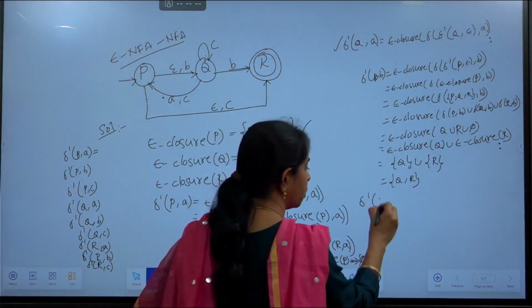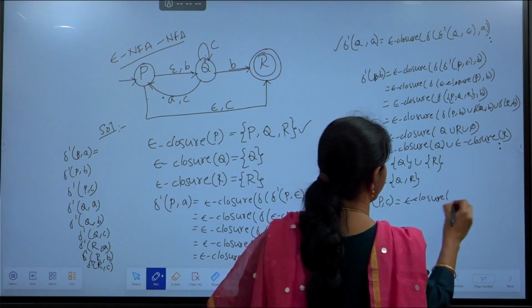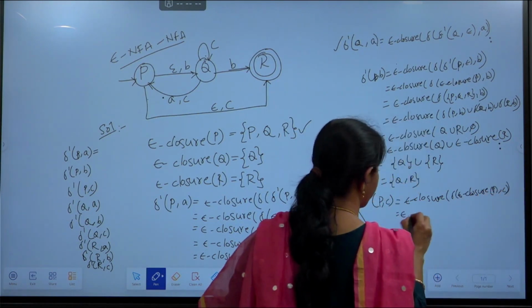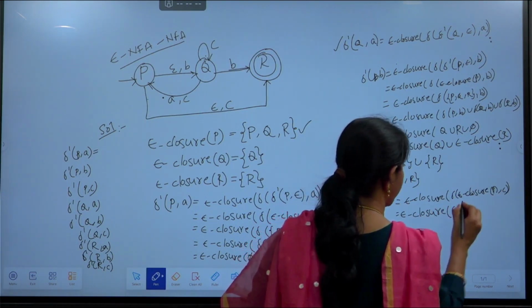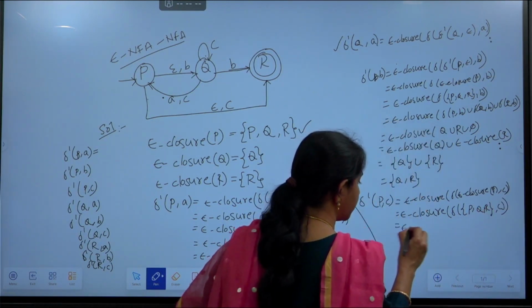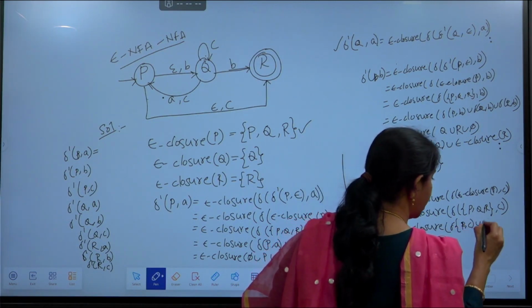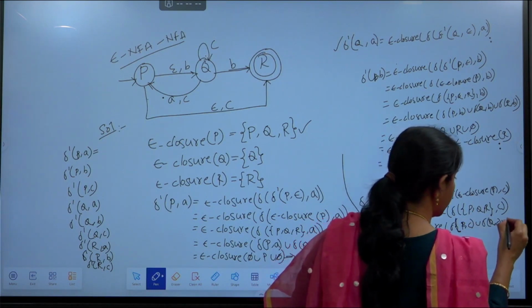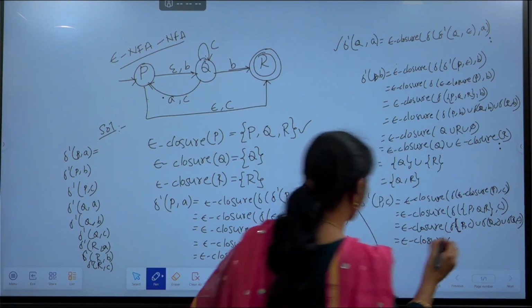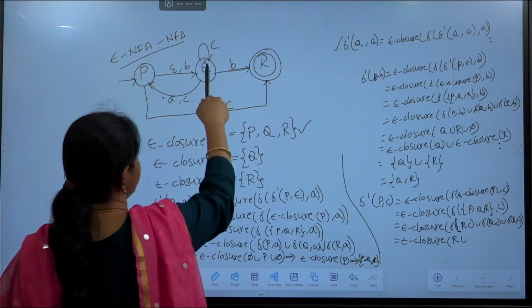Next we have to go with P on input alphabet C. That means directly you can write it as epsilon closure of delta of epsilon closure of P on input alphabet C. Epsilon closure of P means P comma Q comma R comma C. So epsilon closure of delta of P comma C union delta of Q comma C union delta of R comma C. Now check the transition on input alphabet C. P on input alphabet C we have R. Q on input alphabet C we have the self transition for Q itself.